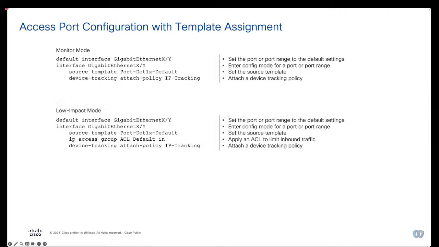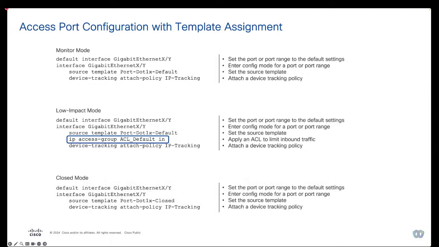If you look at the low impact mode, we assign the exact same template, but we've assigned a local ACL so that it limits what they can talk to before they're actually fully authenticated and authorized. So your local ACL could allow DHCP, DNS before it's actually fully authenticated. And then in closed mode, we assign the port.1x closed template that has the access session closed enabled on it.